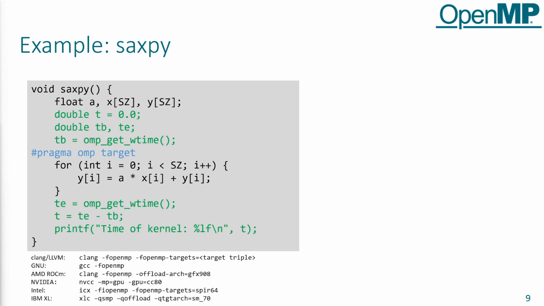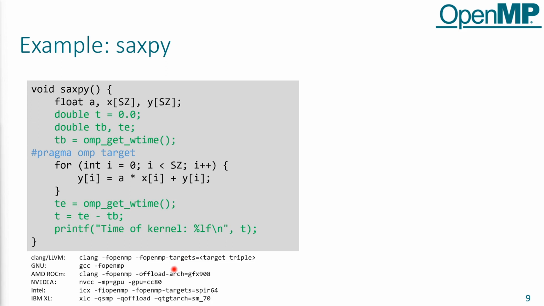For the sake of saving you a Google search, down here for a bunch of compilers, I have the compiler options. So, if you look at Clang, there's the compiler option -fopenmp to turn on OpenMP support, and then you can use a target selection option to tell which target triple is the destination architecture.